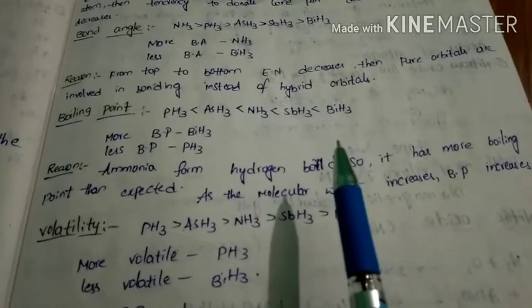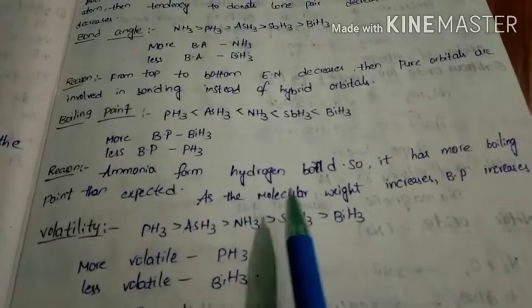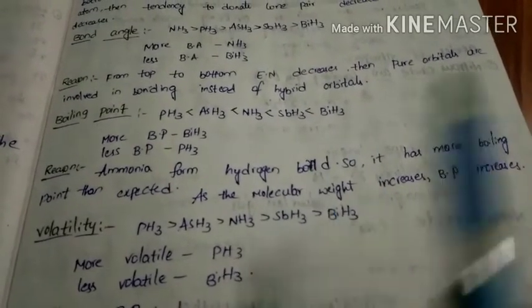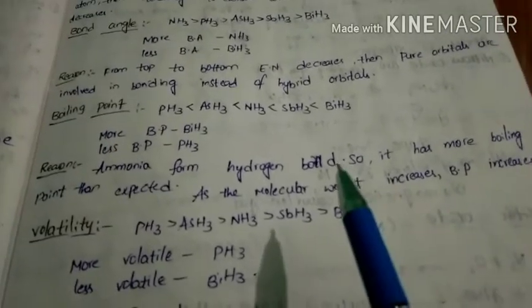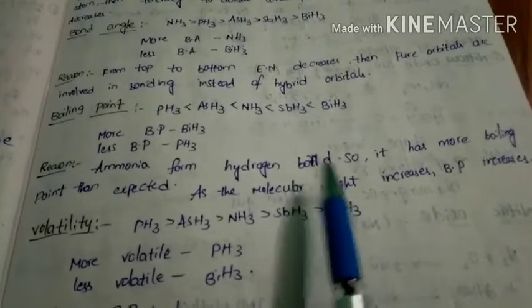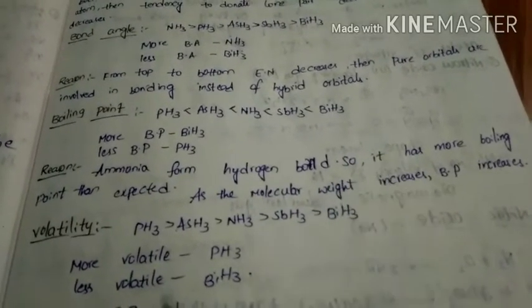If molecular weight is very less but the substance contains hydrogen bonds, then that substance also has a higher boiling point. I repeat once again: if the substance has less molecular weight but has the ability to form hydrogen bonds, then the substance exhibits more boiling point.